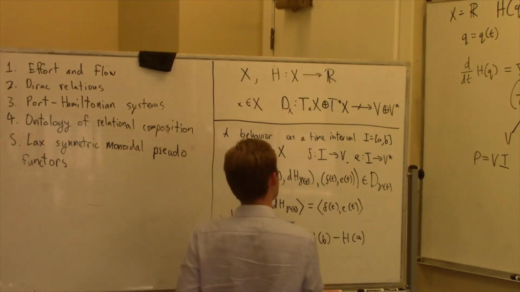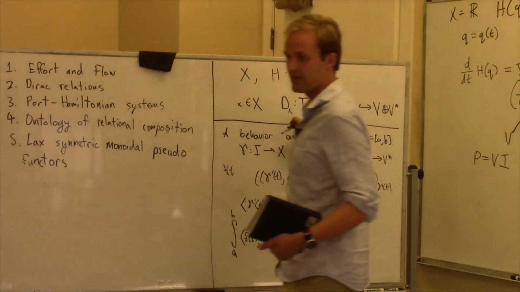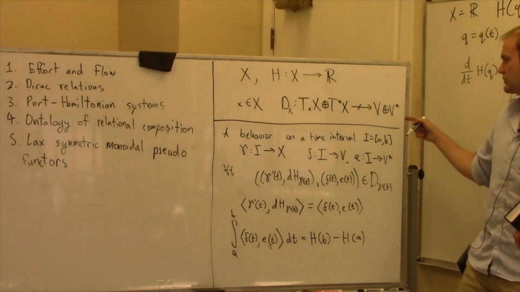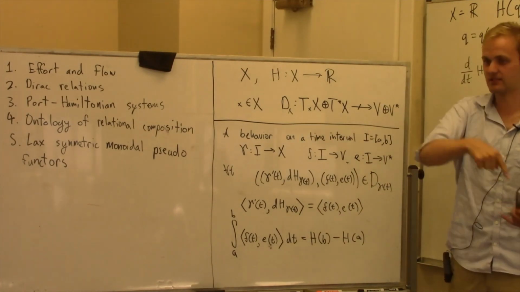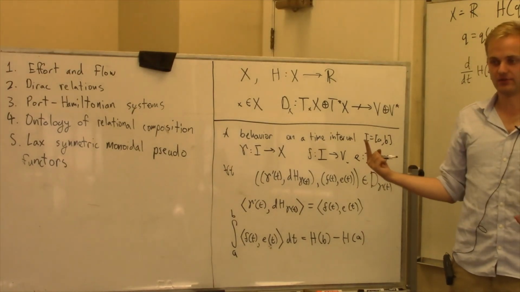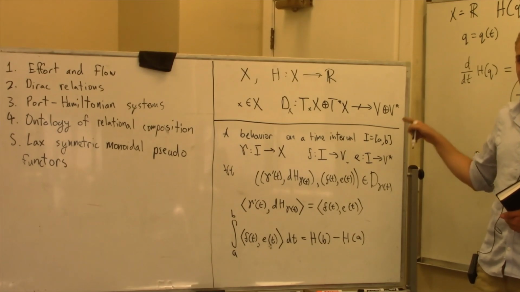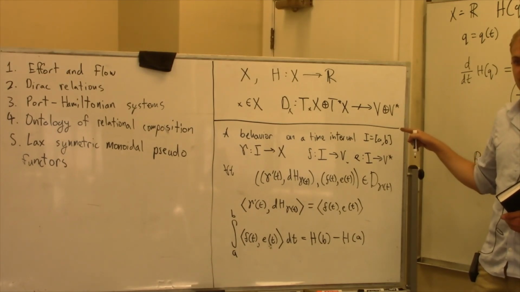So the change in the energy of the system can be determined by just looking at what is passing into the system on the interface. This is a statement of the first law of thermodynamics that energy is conserved.